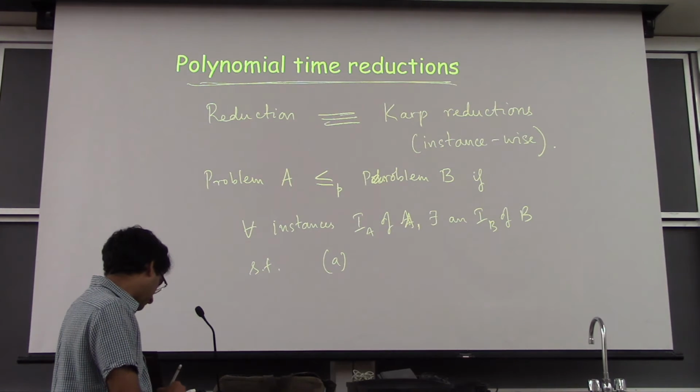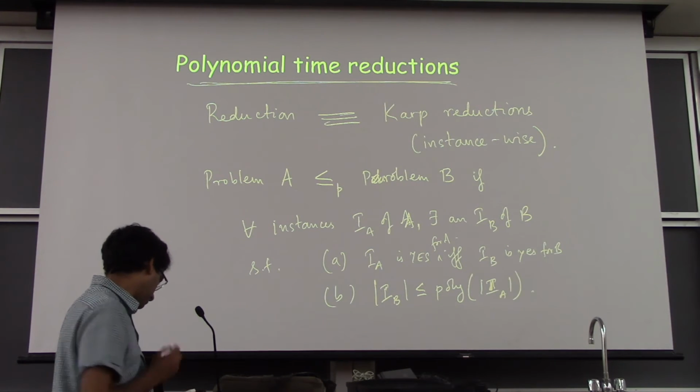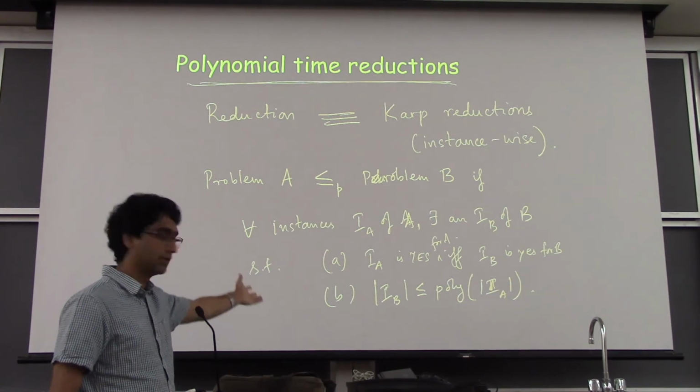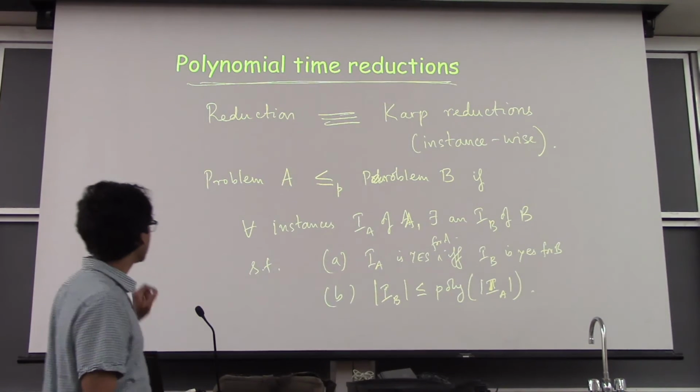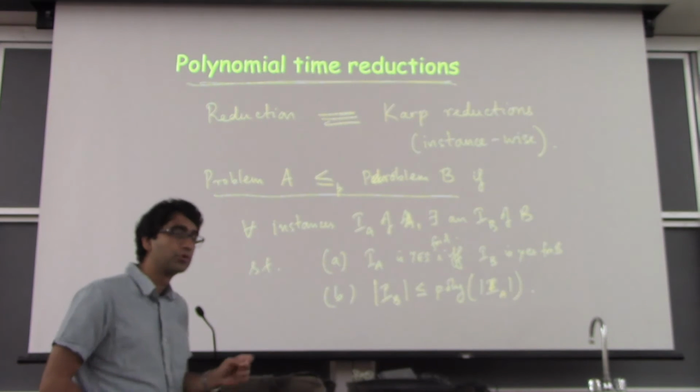One, IA is yes if and only if IB is yes for B, and two, the size of IB is polynomial in the size of IA. These are the two important properties that you've got to check. And this is when we say that problem A reduces in polytime to problem B.